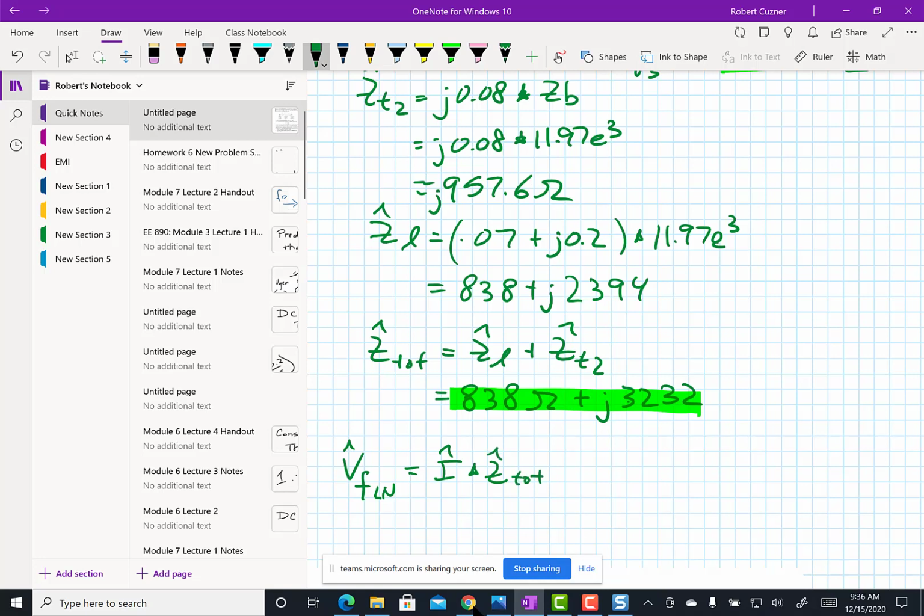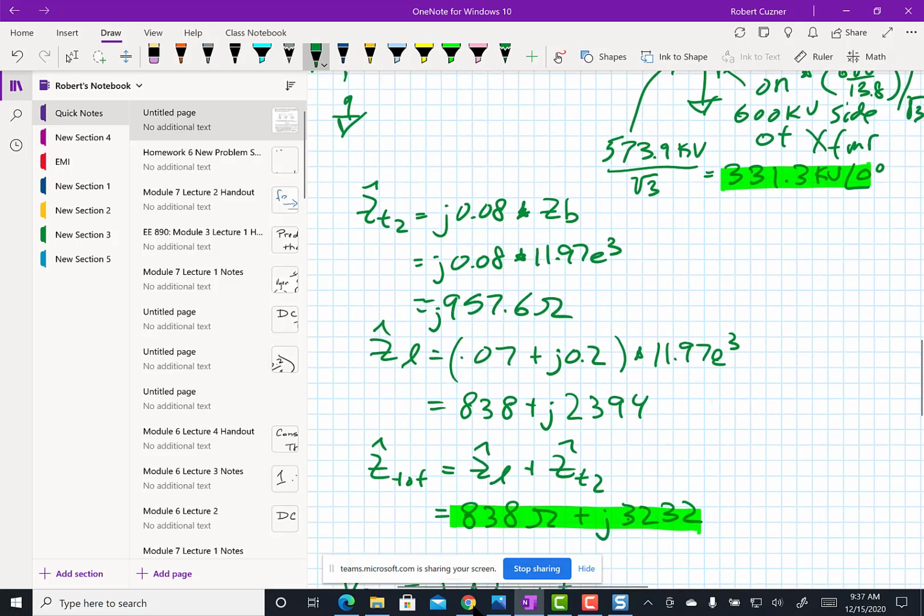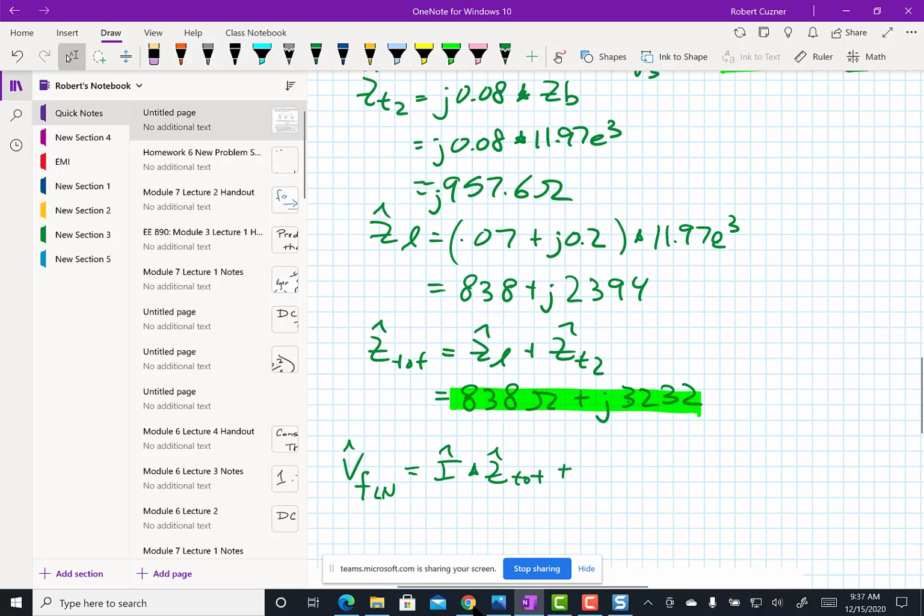So that's the voltage drop across the entire impedance, including the transformer, plus the voltage at the load reflected to that other side, which is, well, that's the V, we could call it the V load line to neutral.